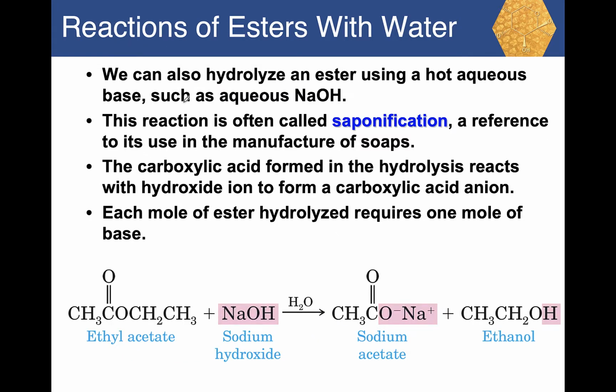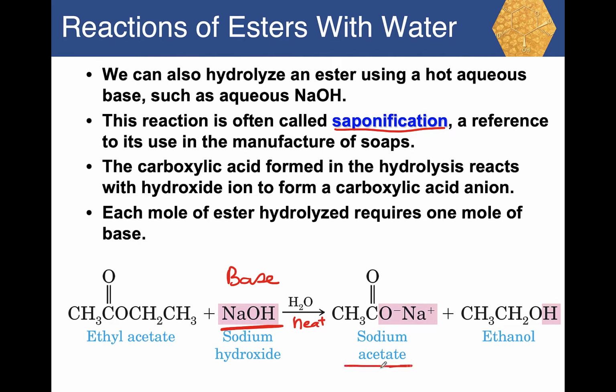Let's look at another reaction of ester. In this case, it's sodium hydroxide. As you will recall, sodium hydroxide is a strong base. So if we react an ester with a strong base in the presence of water and typically heat again, what we get is the hydrolysis. In this case, it's called saponification. Why saponification?